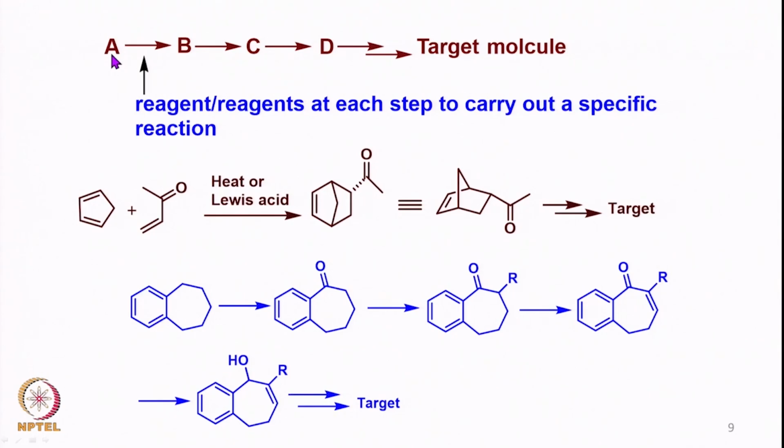Say we start with a starting material like A and then go to the target molecule through different kinds of intermediate steps. Each step in this endeavor would need a reagent or a combination of reagents, and then it allows a reaction to be carried out.